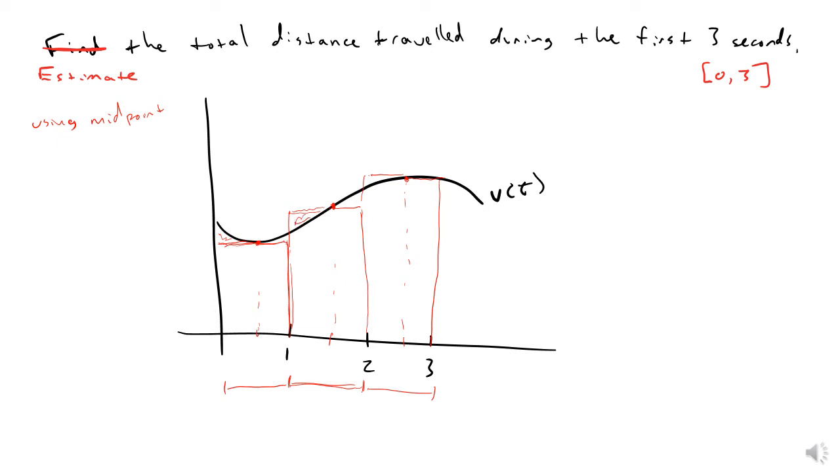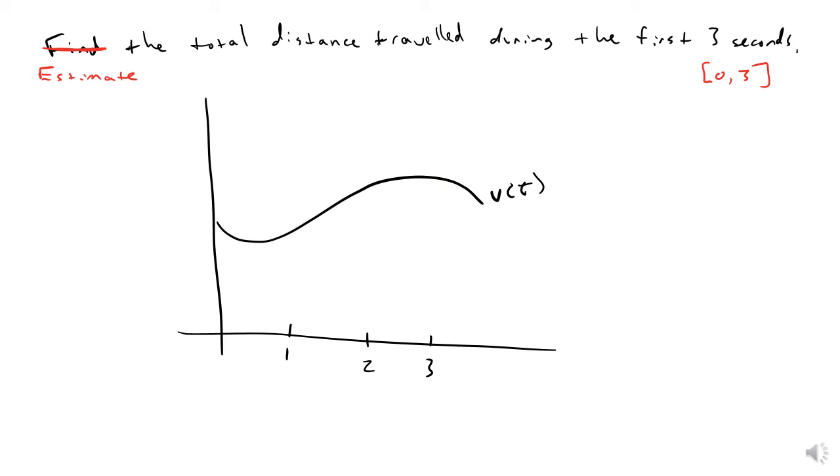So maybe things kind of balance out and get us closer to the actual area or the actual distance that we've traveled. All right, so with this midpoint, the idea is that maybe sometimes it'll be slightly under the actual answer, maybe sometimes it'll be slightly above, but it should be roughly close to the exact answer. And again, we can still make it even better by doing more rectangles.